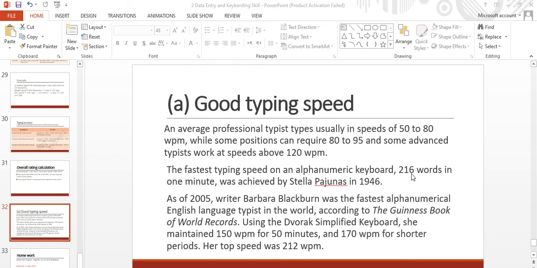As of 2005, writer Barbara Blackburn was the fastest alphanumerical English language typist in the world, according to the Guinness Book of World Records. Using the Dvorak simplified keyboard, she maintained 150 WPM for 50 minutes and 170 WPM for shorter periods. Her top speed was 212 WPM.